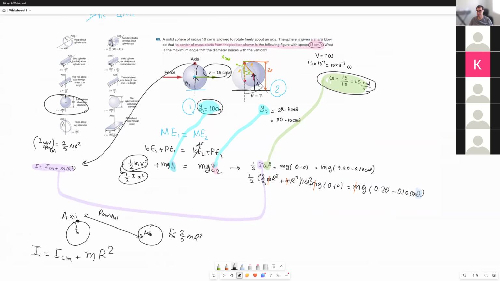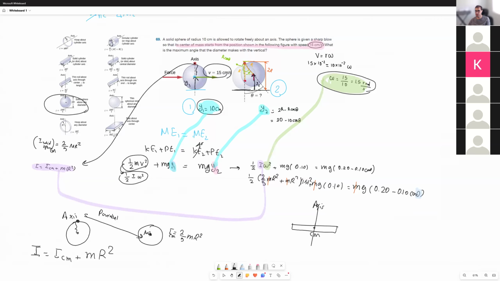Do you know the parallel axis theorem? If this is the center of mass, this is a rod, and this is the axis of rotation.